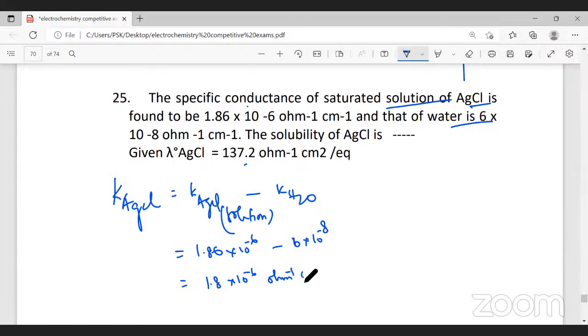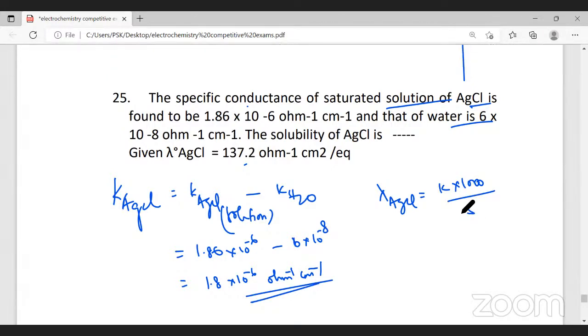ohm inverse centimeter inverse. Now, what is the equivalent conductance of AgCl? Equivalent conductance of AgCl will be specific conductance into 1000 by concentration. That concentration is also represented as solubility. Solubility means concentration of the ions. So S will be equal to specific conductance into 1000 divided by equivalent conductance of silver chloride.